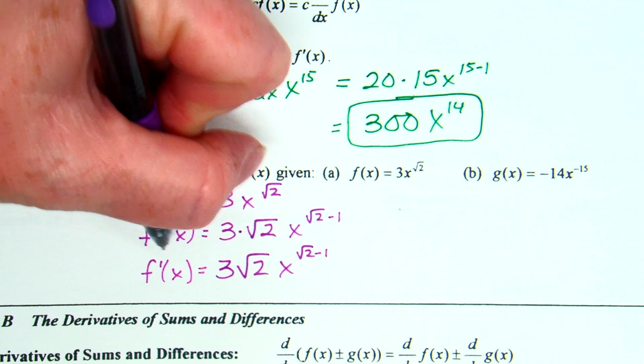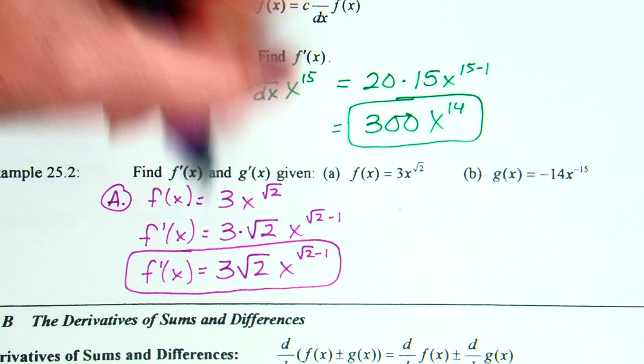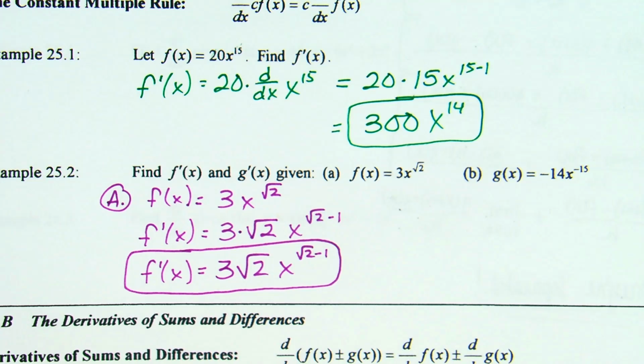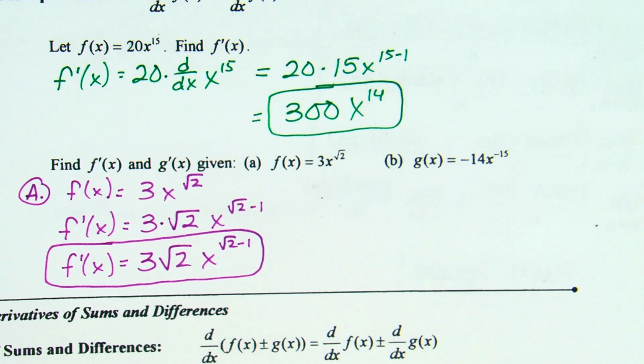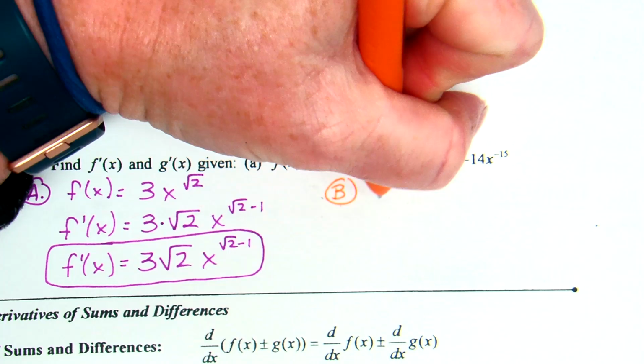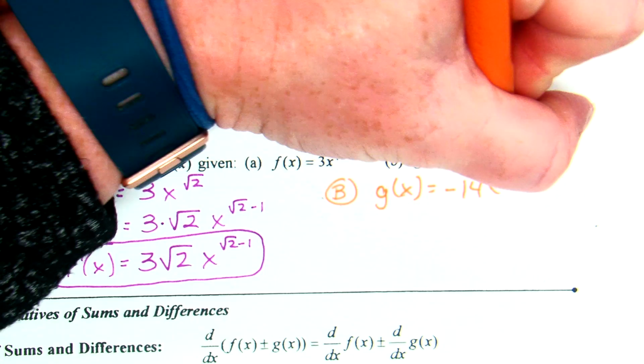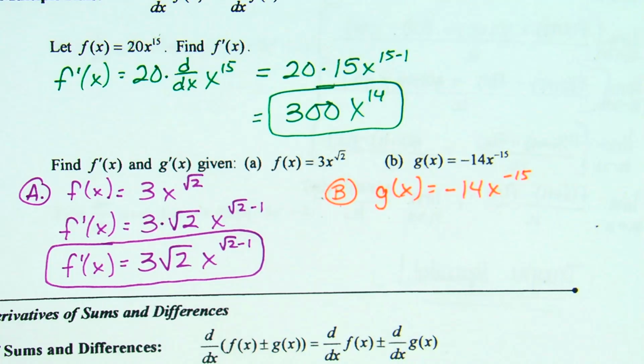That is about as official as I can get there, which really isn't that much different from the line above it. Okay, B. g of x is negative 14 x to the negative 15th.